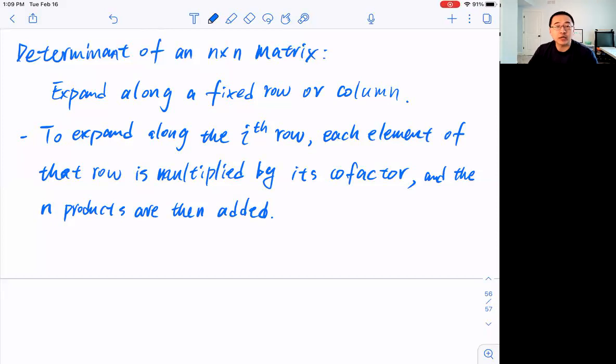That's why it's an n by n matrix. So you add up every element multiplied by its own cofactor, and there are n of them. Adding all those products together gives you your determinant. Again, I know this is extremely abstract and confusing. I'll give you an example in just a minute.